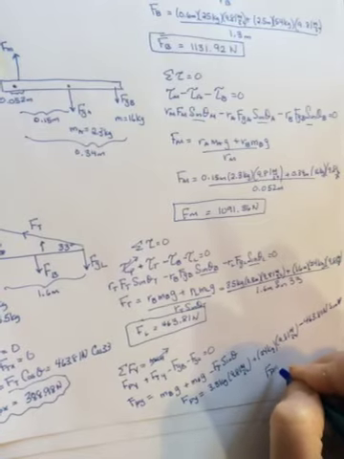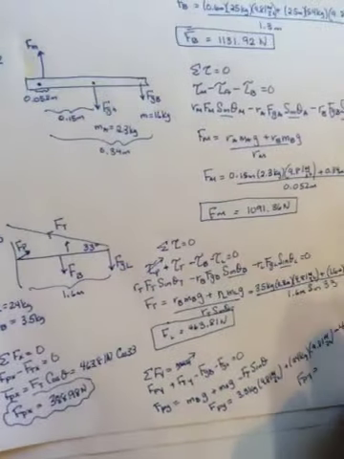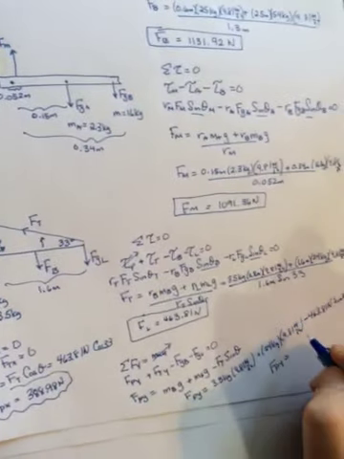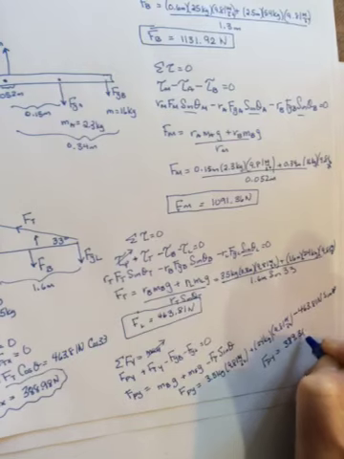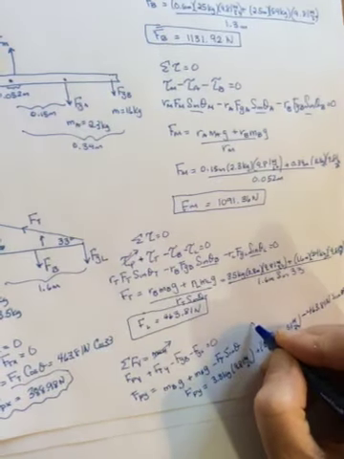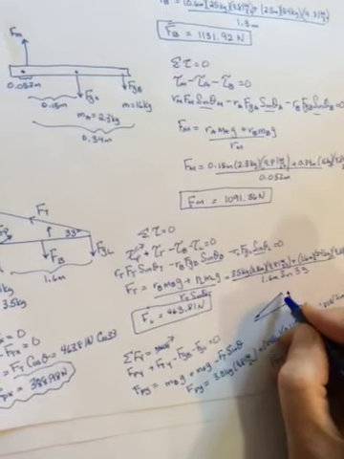And when you type all this in, you should get 389.36. 389.36 newtons. And remember, this will be the x, this will be the y.